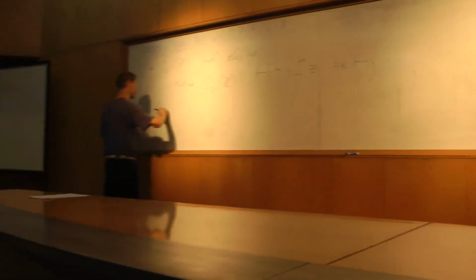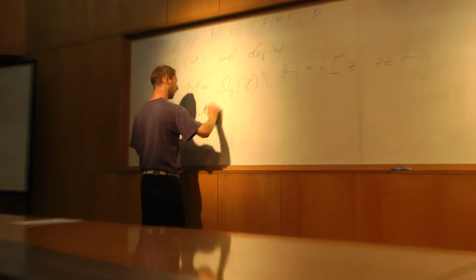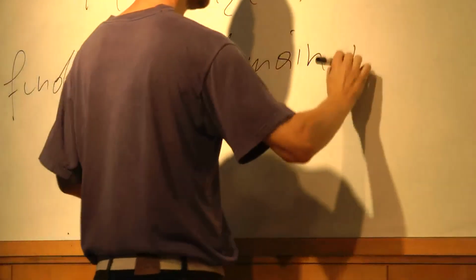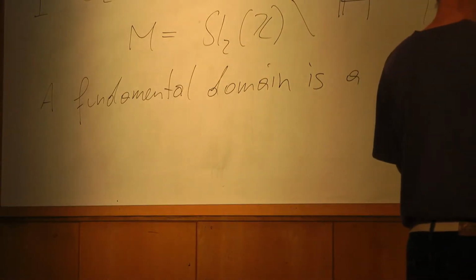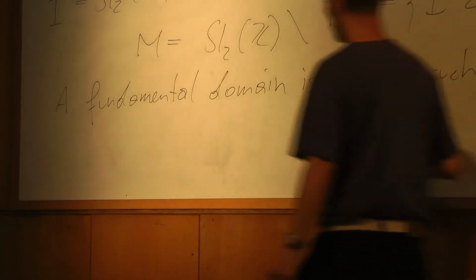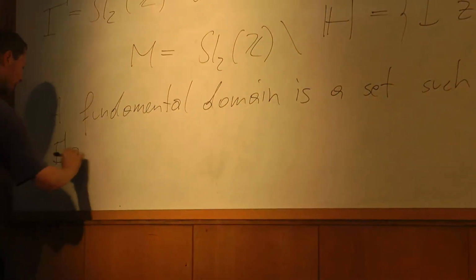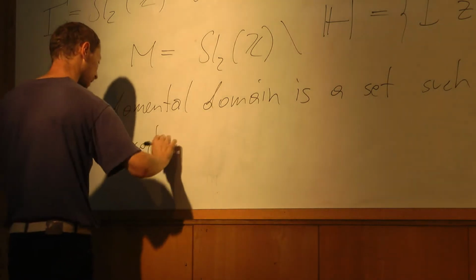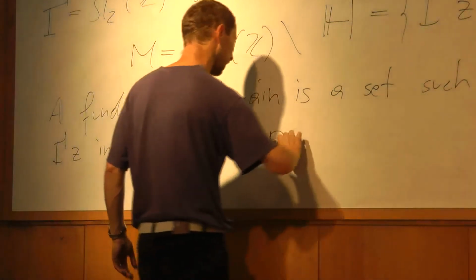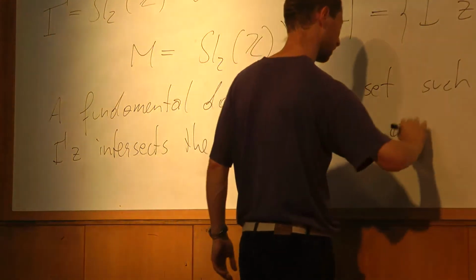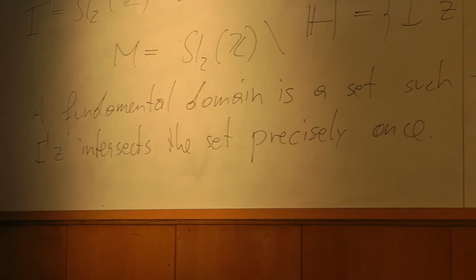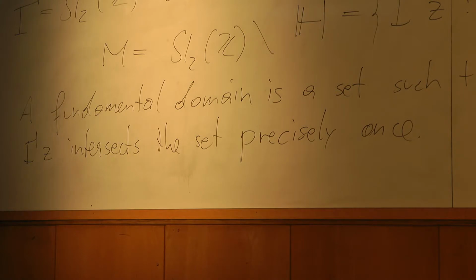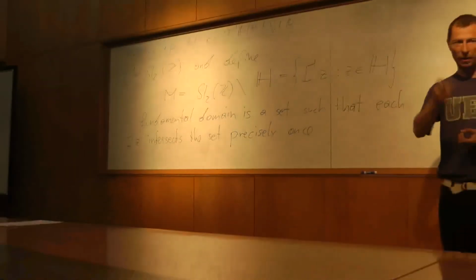A fundamental domain is a set such that each gamma orbit intersects the set precisely once. So it's a subset of H that selects from every orbit one representative.